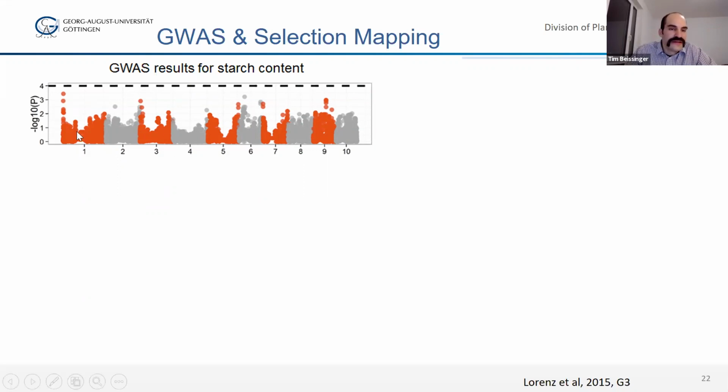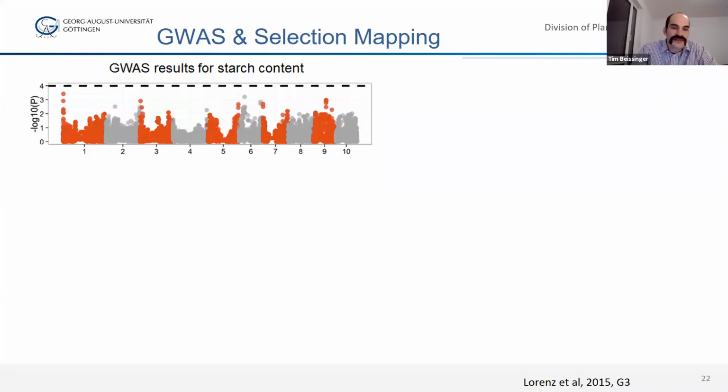And here is a very disappointing GWAS with absolutely nothing that showed up as significant when we looked for it. This is for starch content. We got this pattern repeatedly over and over again. We had no significance for any of the traits that we studied in this population.